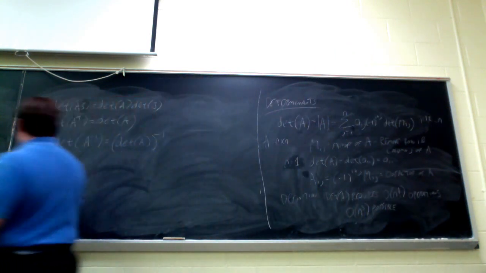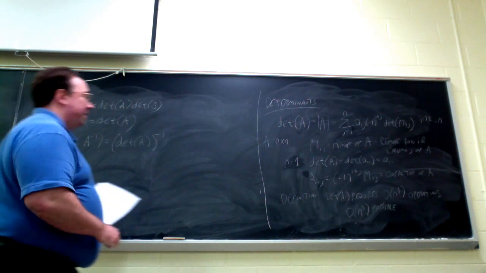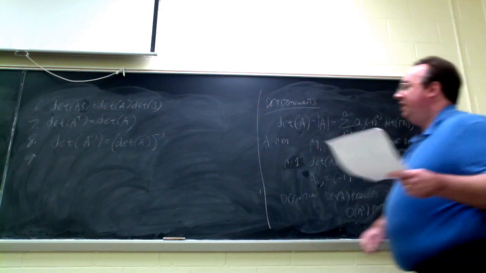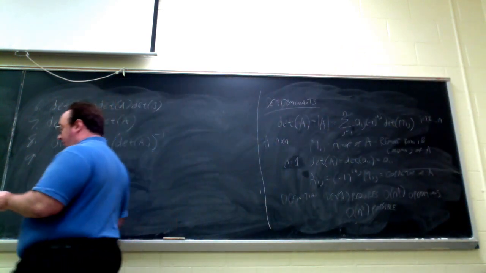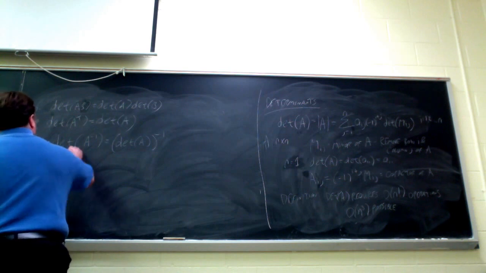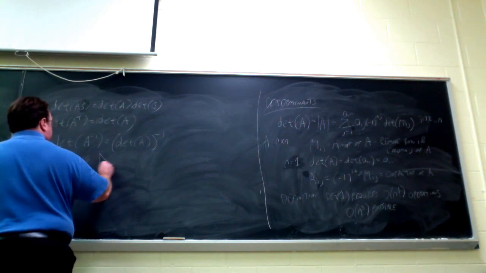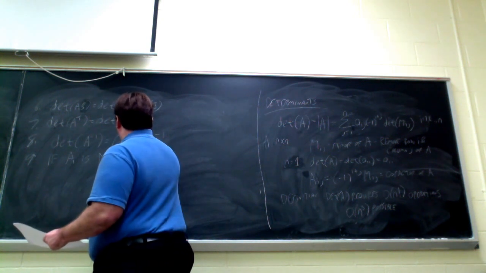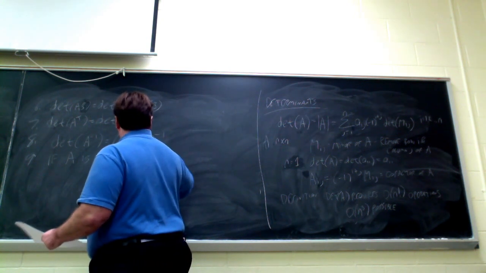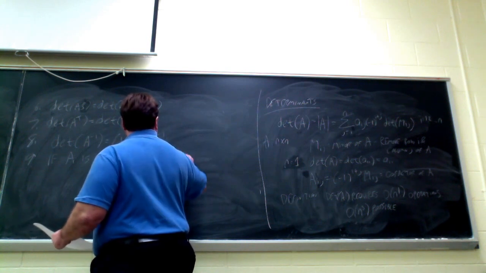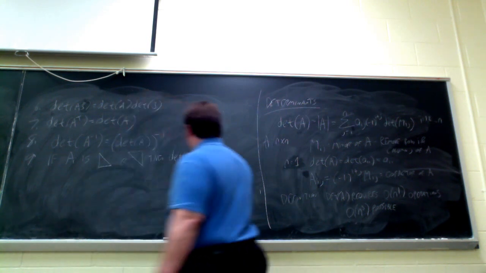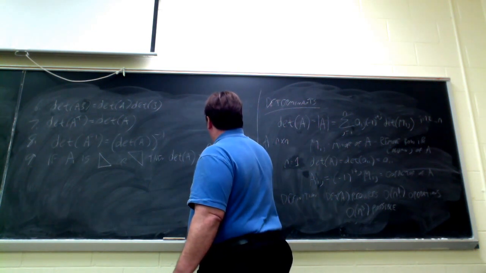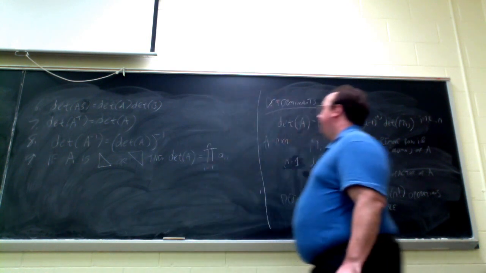One property that's really nice for us, that we'll take advantage of to make computation of determinants more efficient than using the definition, is how you compute determinants of triangular matrices. So if A is lower or upper triangular, it doesn't matter, then the determinant is just the product of the diagonal entries.